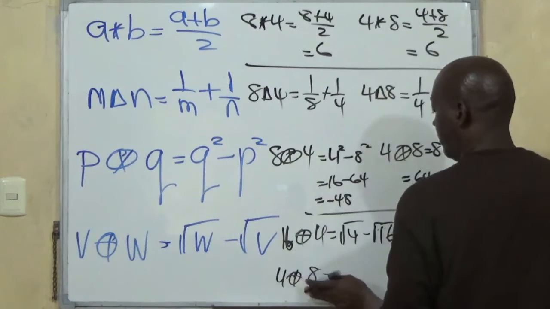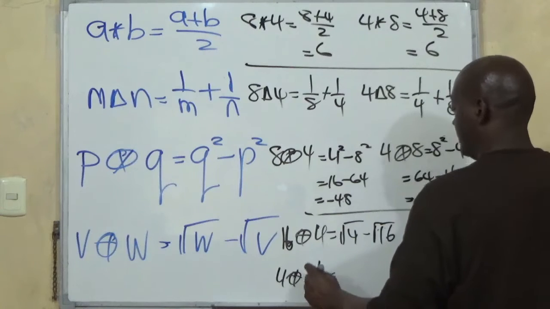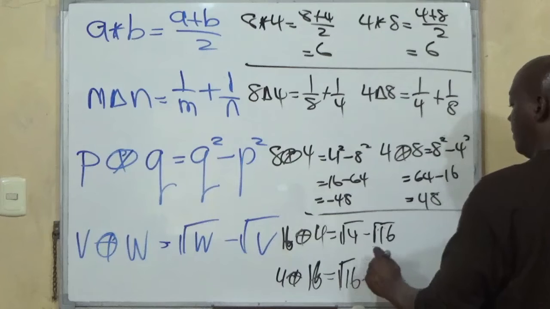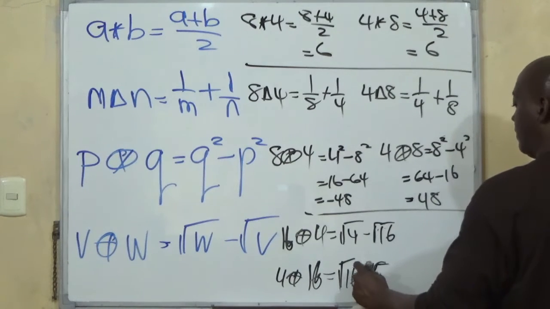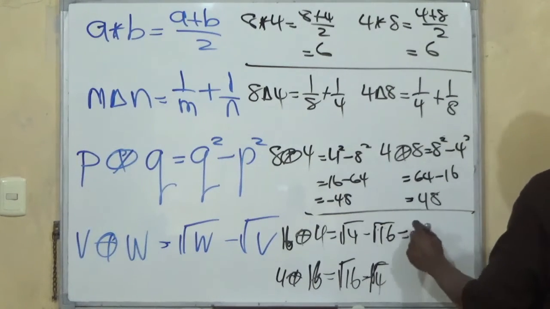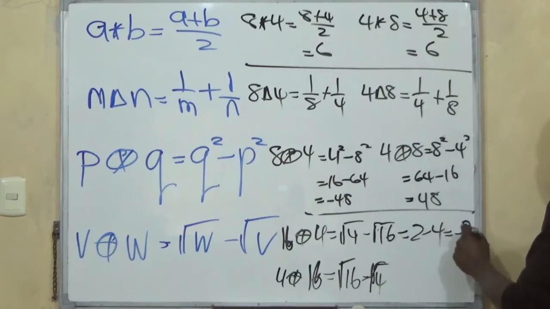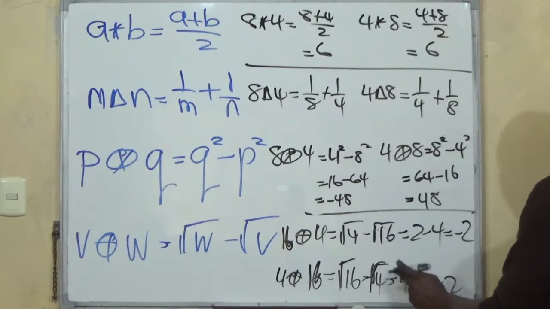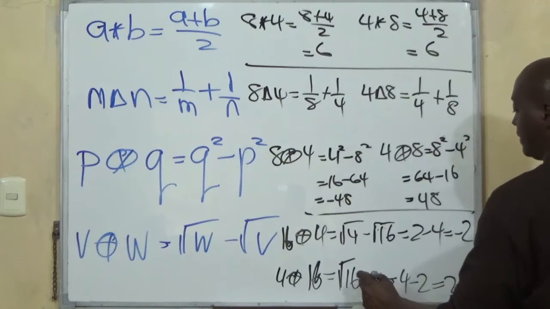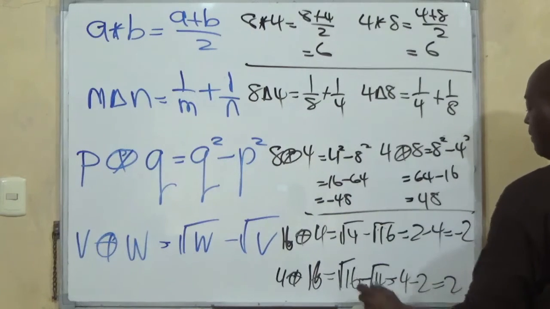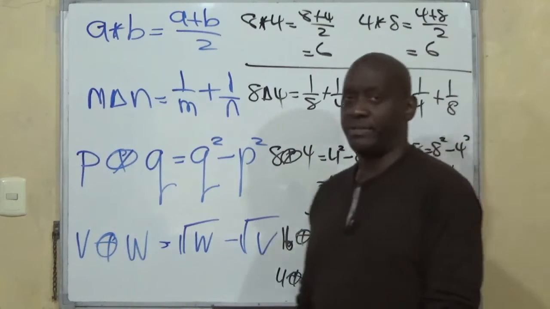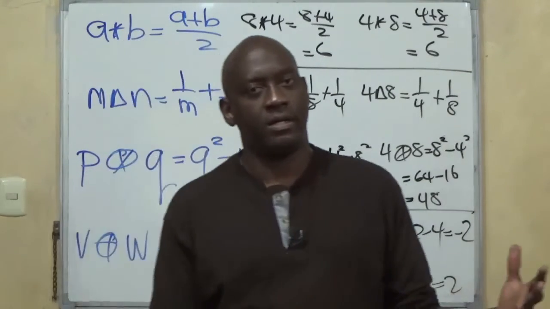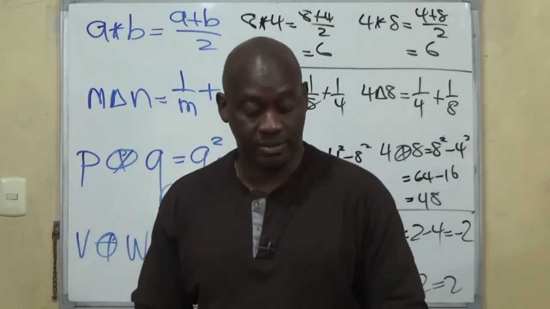And this would be 4, special symbol 16, would be the square root of 16 minus the square root of 4. This would be 2 minus 4, which is minus 2, and this would be 4 minus 2, which is 2. Alright? Right, so simple examples, and you could test this with other binary operations that you will come across.